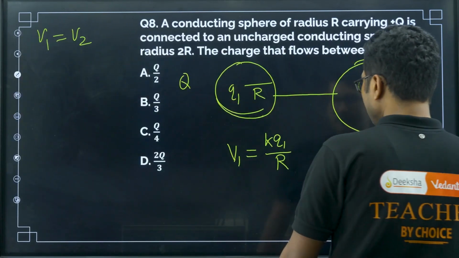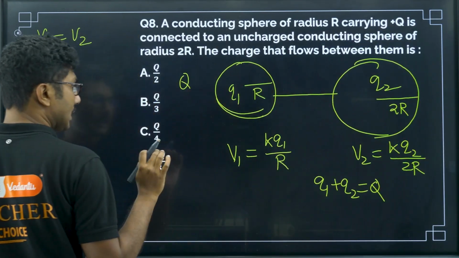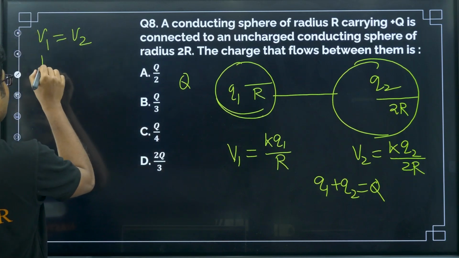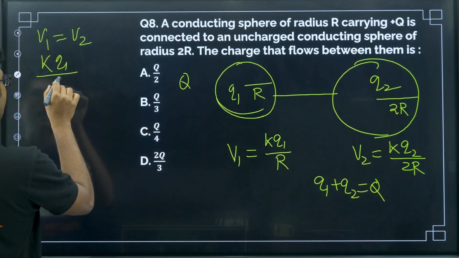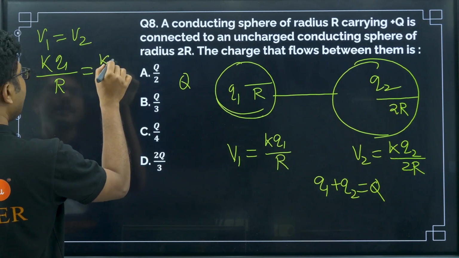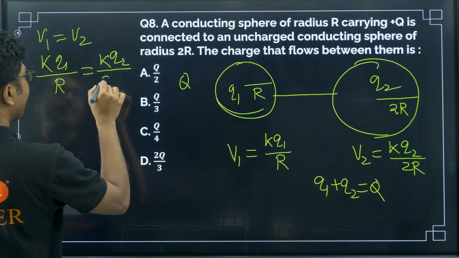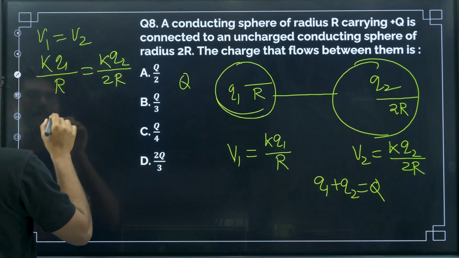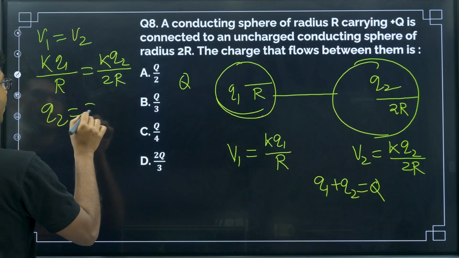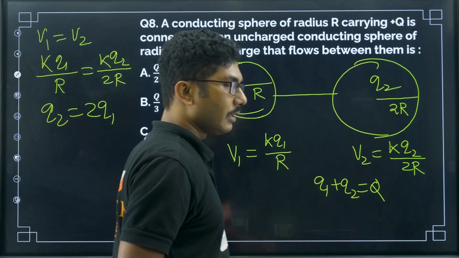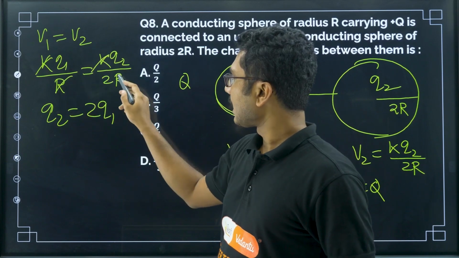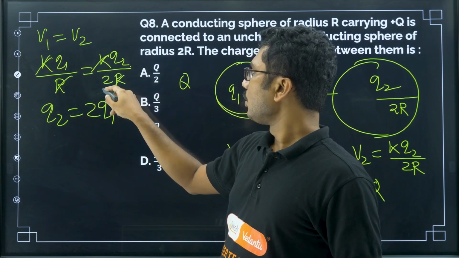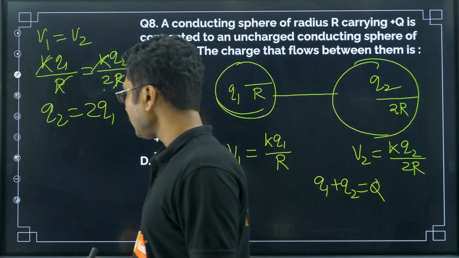So K Q1 by capital R equals K Q2 by 2R. We can cancel K and R, and we see Q2 is 2Q1, right?